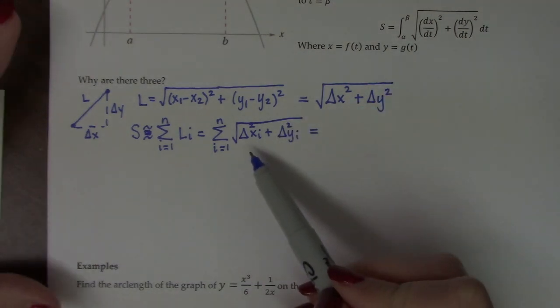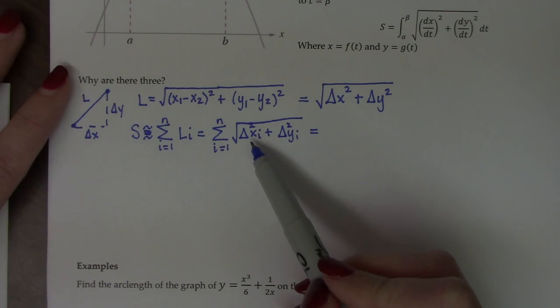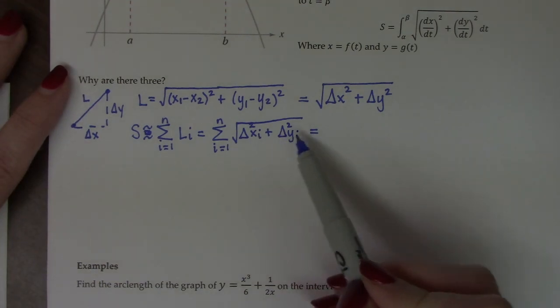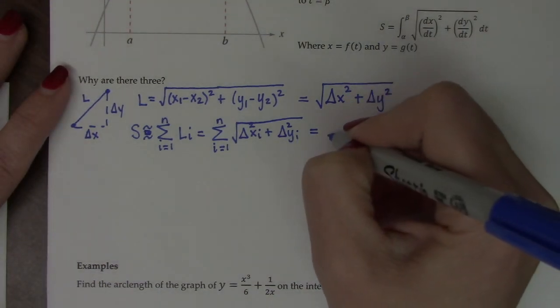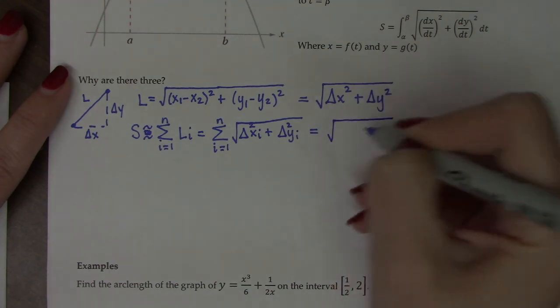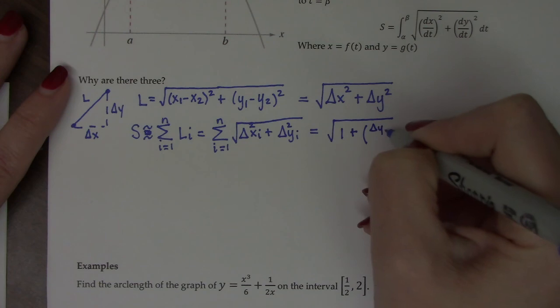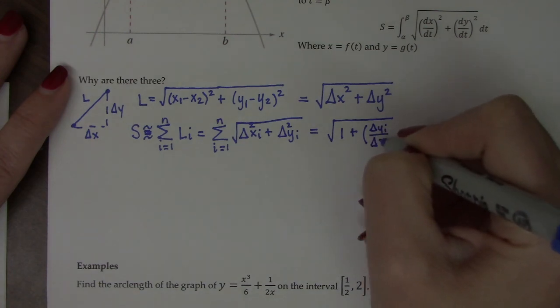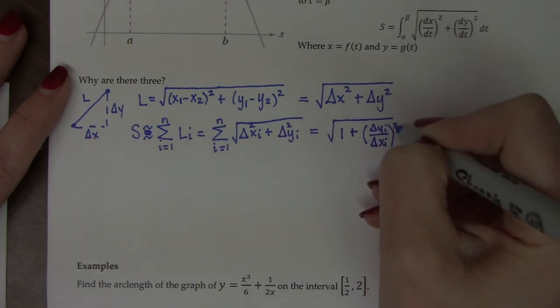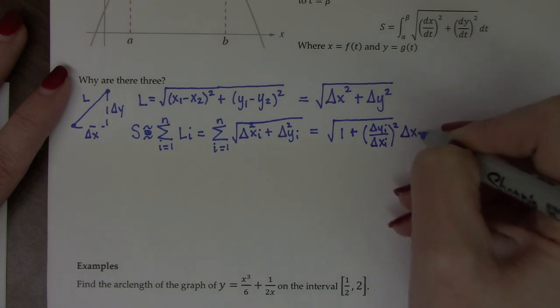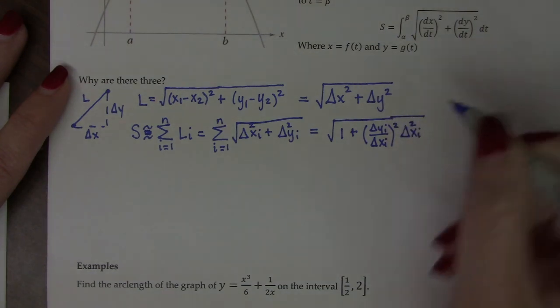So if I wanted to write this as a function of x, I'm allowed to factor delta x out of this. If I factor delta x out, I get 1 plus delta y over delta x quantity squared, times delta x squared.